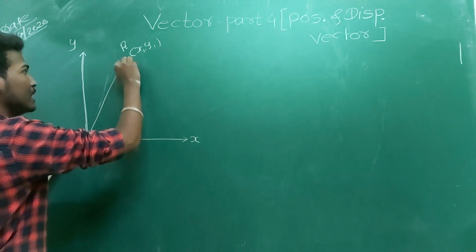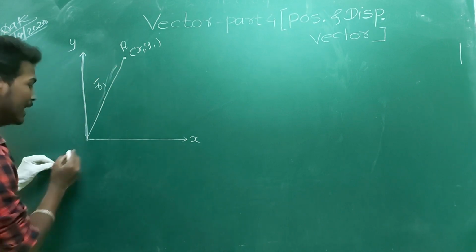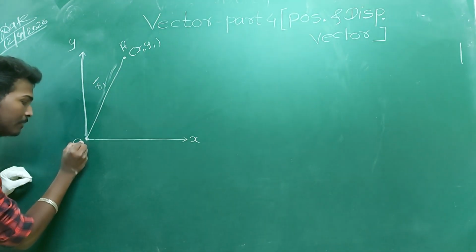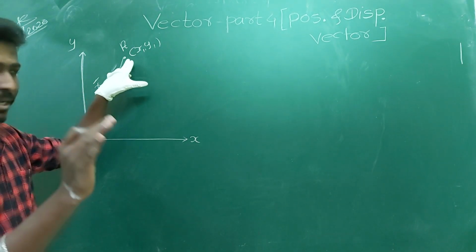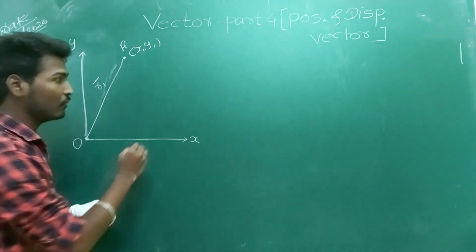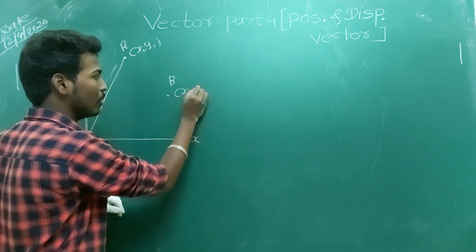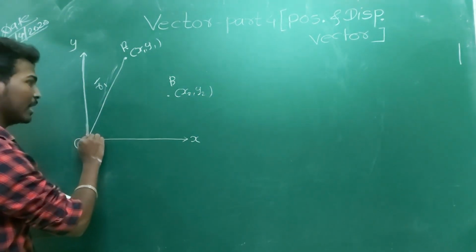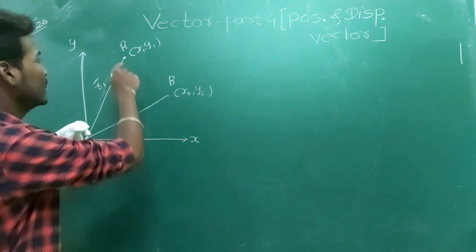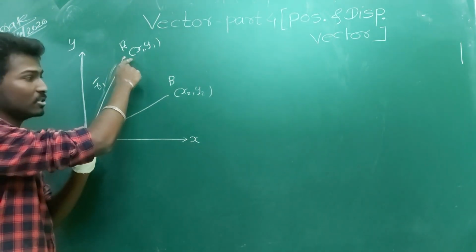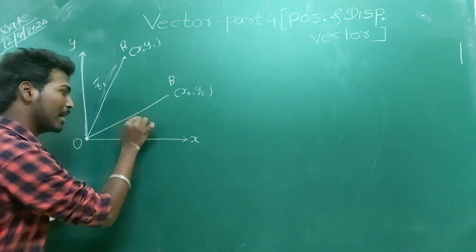This is r1 bar, its position vector, and we always measure position vector from origin O. Now let's say this object is moving, and the final position it acquired is B with point x2, y2. So now the position vector will change because here the point's coordinates change to x2, y2. So definitely the position vector will also change to r2 bar.